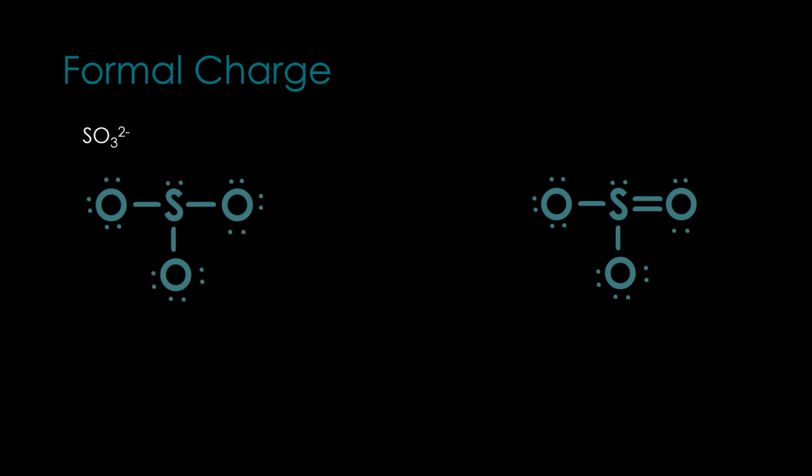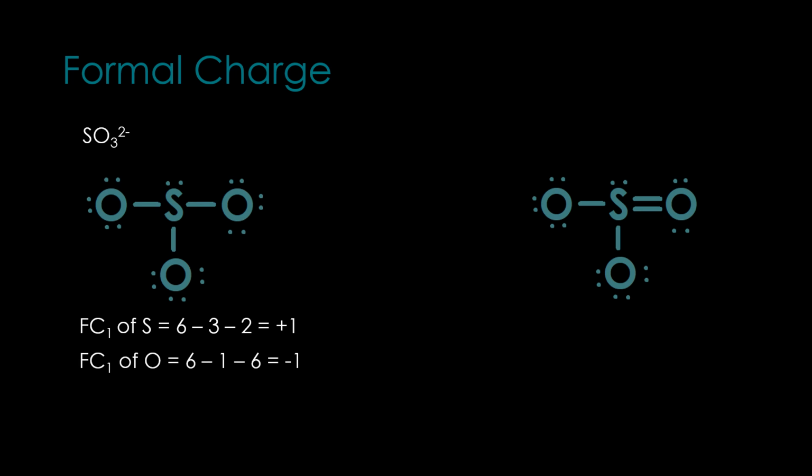Let's calculate the formal charge for each structure to determine the preferred one. The formal charge of sulfur on the first Lewis structure that we drew is calculated by subtracting from its valence electrons, which is 6, the number of bonds it's forming, which is 3, and the lone electrons on it, which is 2. This results in a +1 charge on sulfur.